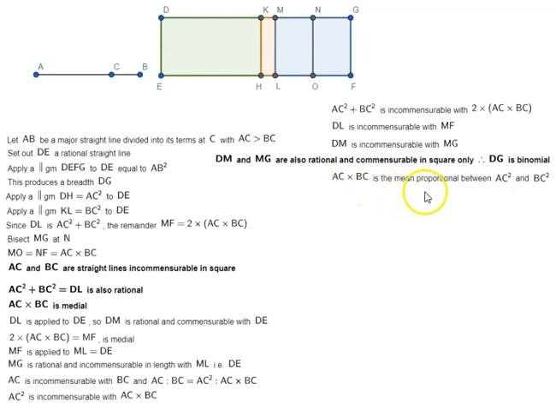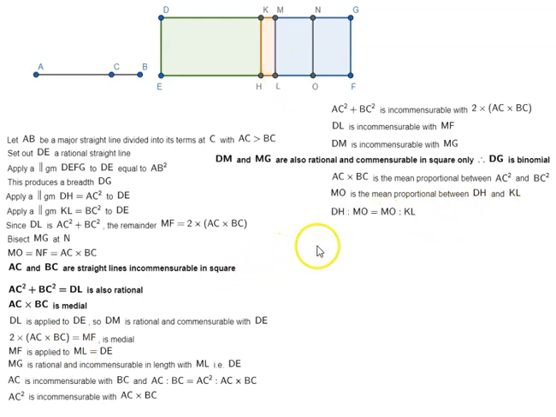AC by BC is the mean proportional between AC square and BC square, which means MO, which is equal to AC by BC, is the mean proportional between DH and KL. AC square is DH and BC square is KL.